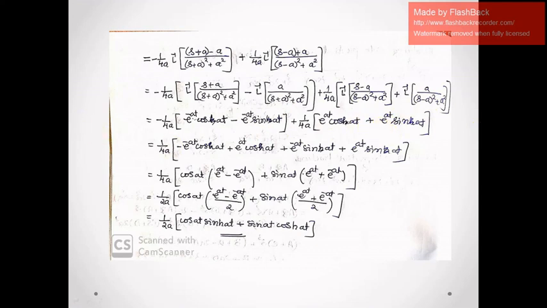We take 1 by 4a common from all the four terms. I've multiplied inside: minus e power minus at cos at, minus into minus, the second one becomes plus.